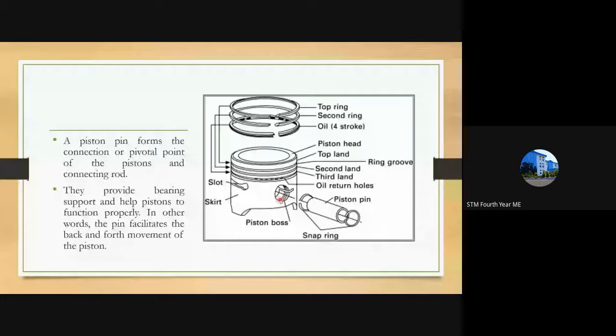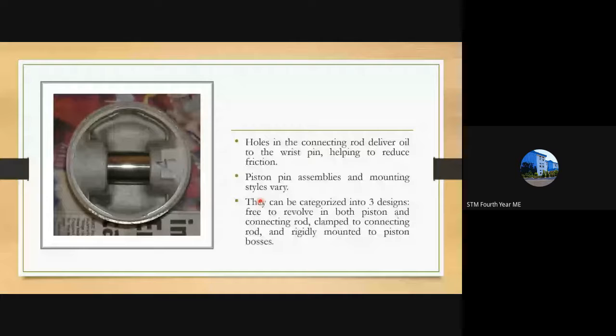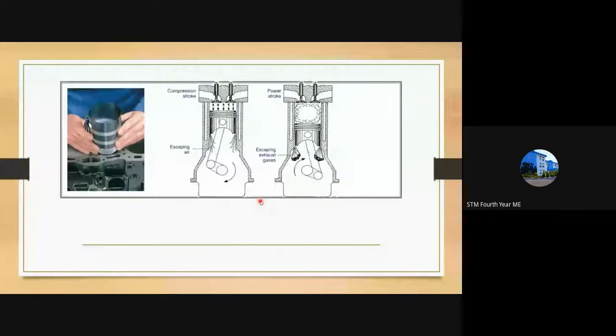The piston pin secures the connecting rod. You can see here, the connecting rod is this one, and the piston pin is given through here, and due to that, this end of the connecting rod is secured by means of the piston pin.